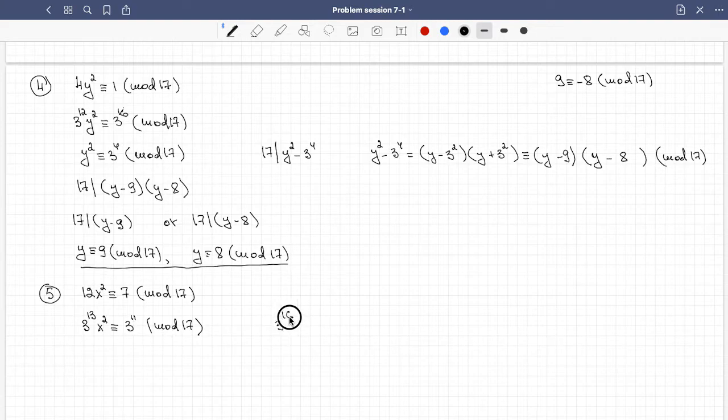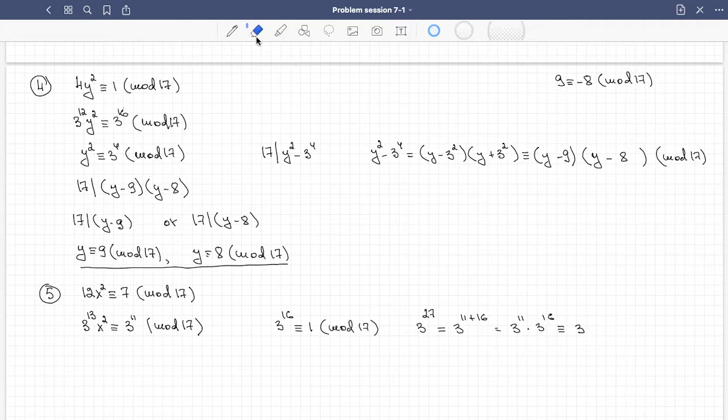3 to the 16 is 1 modulo 17. So 3 to the 11 plus 16, which is 27, is 3 to the 11 times 3 to the 16, and 3 to the 16 is congruent to 1, so this is congruent to 3 to the 11 modulo 17.